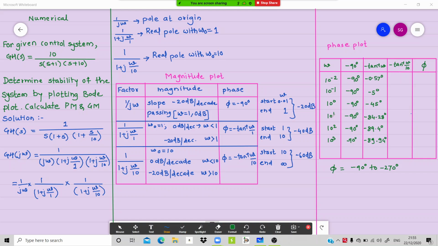Again, one more thing is clear. For this, omega naught is 10. So at 10 I should get minus 45 at this point. The rest of the values I'll definitely write. I'm just trying to explain the thing: whatever we have learned, how we can apply it and check whether whatever we have done is correct or not.